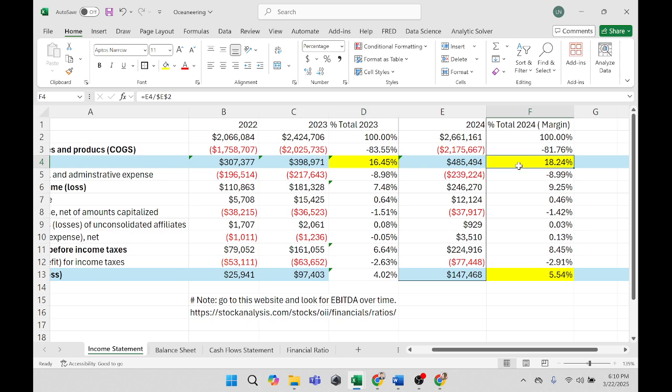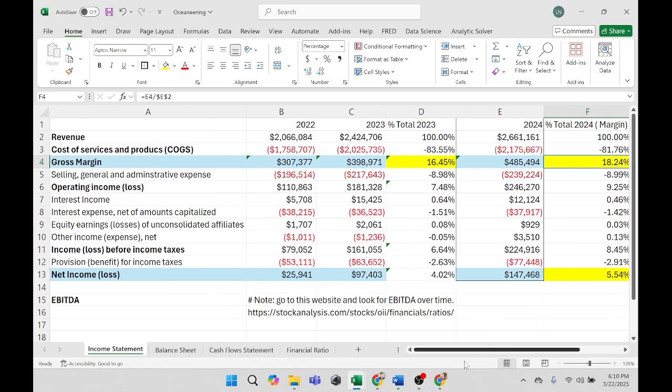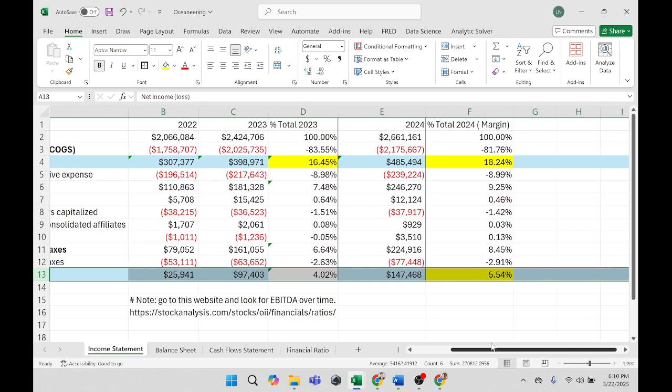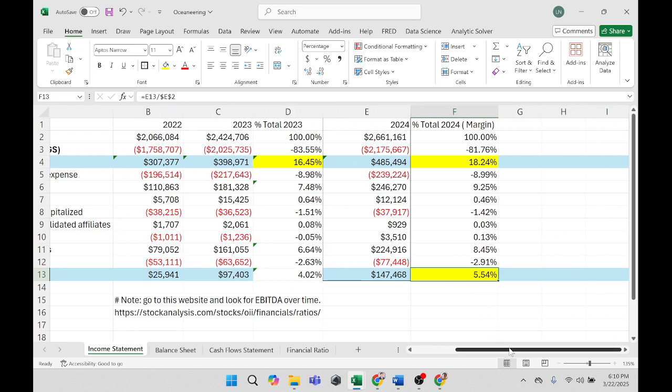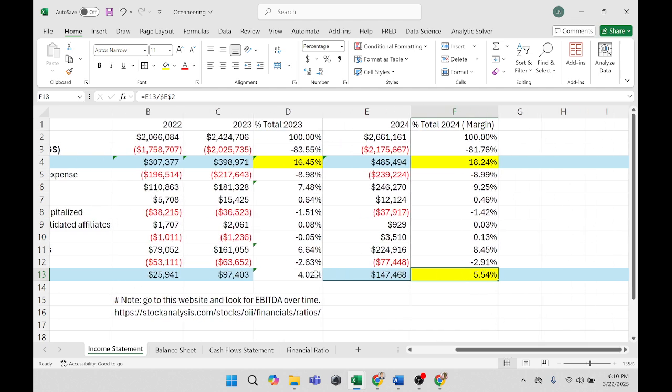Maybe that is a key strength of this company. This might be something you're looking for when you want to lend to them. But you see at the end, the net income, ultimately what you're left with at the end of everything, is increasing over time.